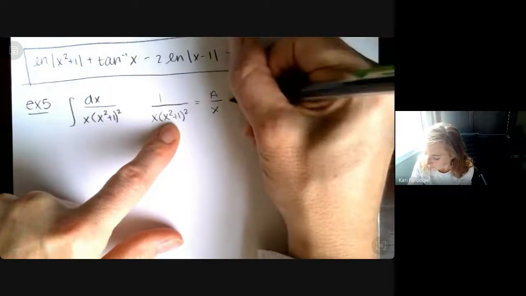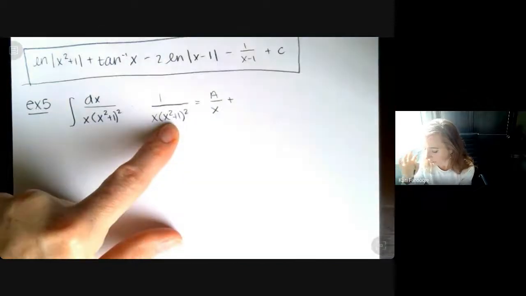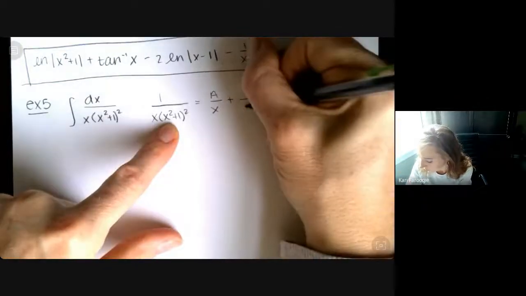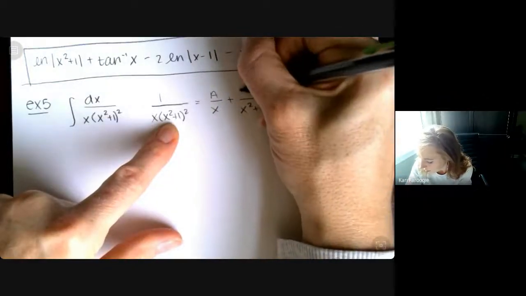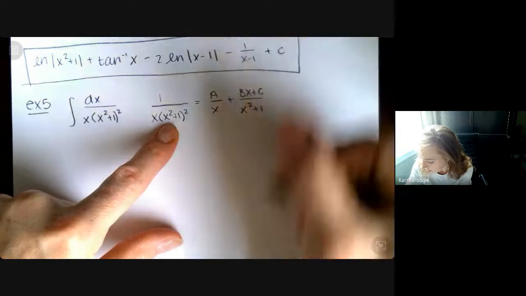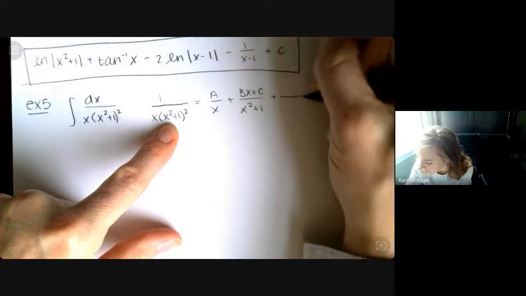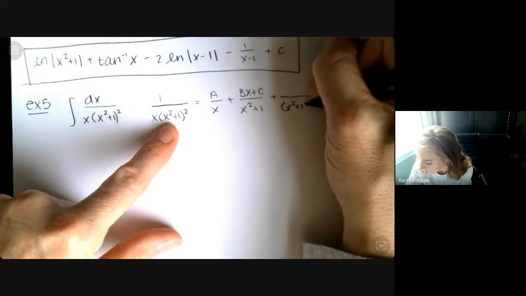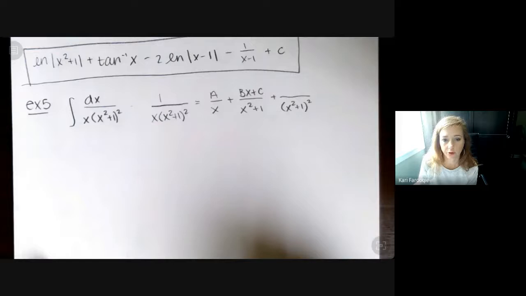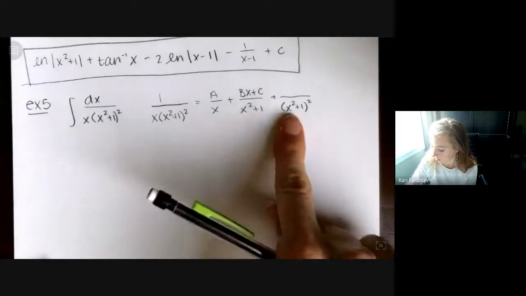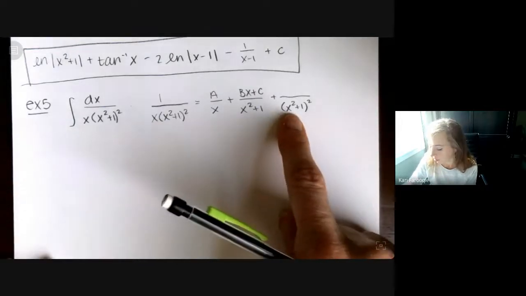Then you have one factor of your quadratic factor, x squared plus 1. And the numerator needs to be linear. So we'll call that bx plus c. And then you're going to use the two factors of your repeated quadratic factor. And again, you just need a linear numerator.